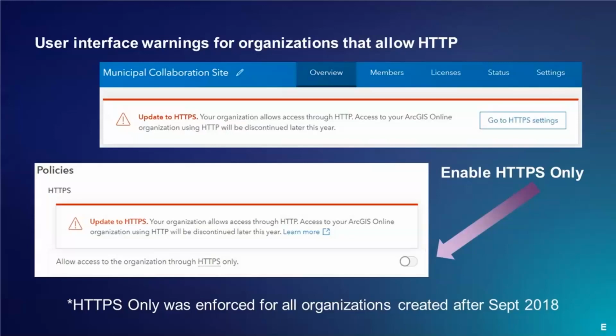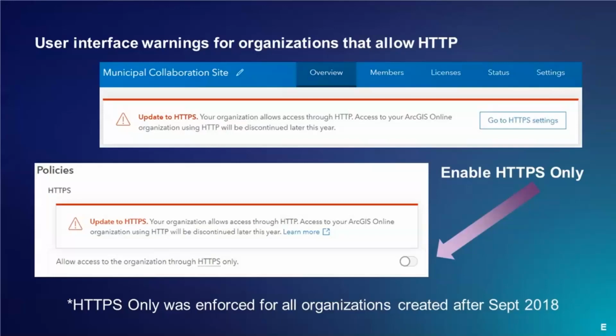So if your organization was created after September 2018, you may not see these warning messages, as HTTPS only is already enforced. If you notice a warning, you can take the first step to enable the HTTPS only security setting for your organization. As an administrator, you can also make some proactive warning messages or notifications for members of your ArcGIS Online organization that this change is coming.